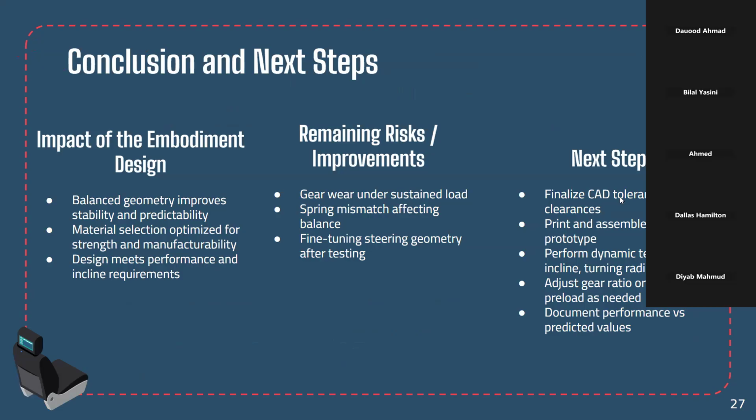Some remaining risks and improvements is gear wear when we're running at high speeds for a long time. We need to fine tune the steering as well. We're starting right now with a zero Ackerman, as we mentioned, and our next steps is CADing all of our parts and finalizing tolerances and printing and iterating.